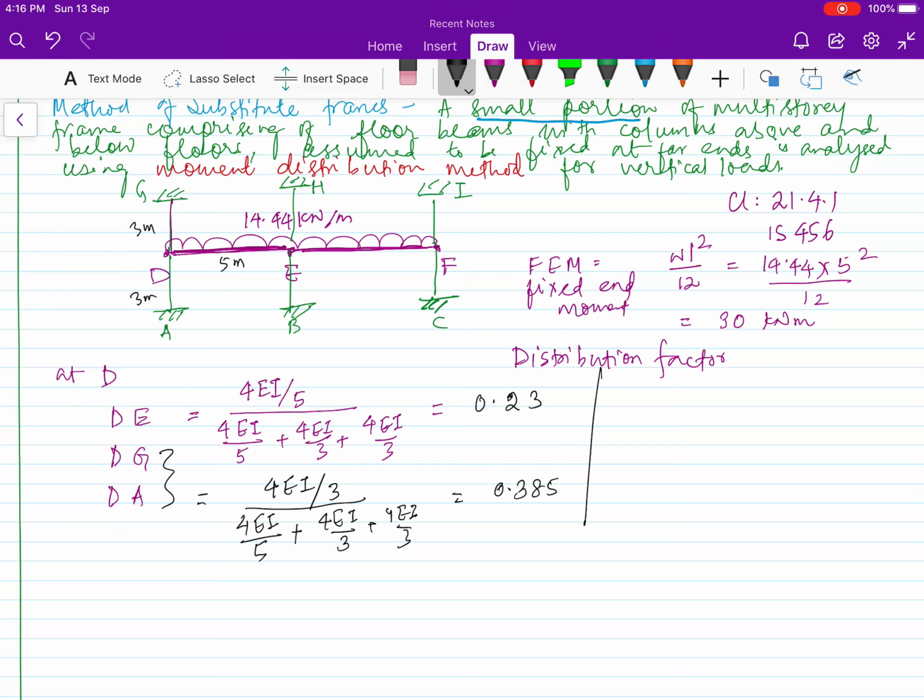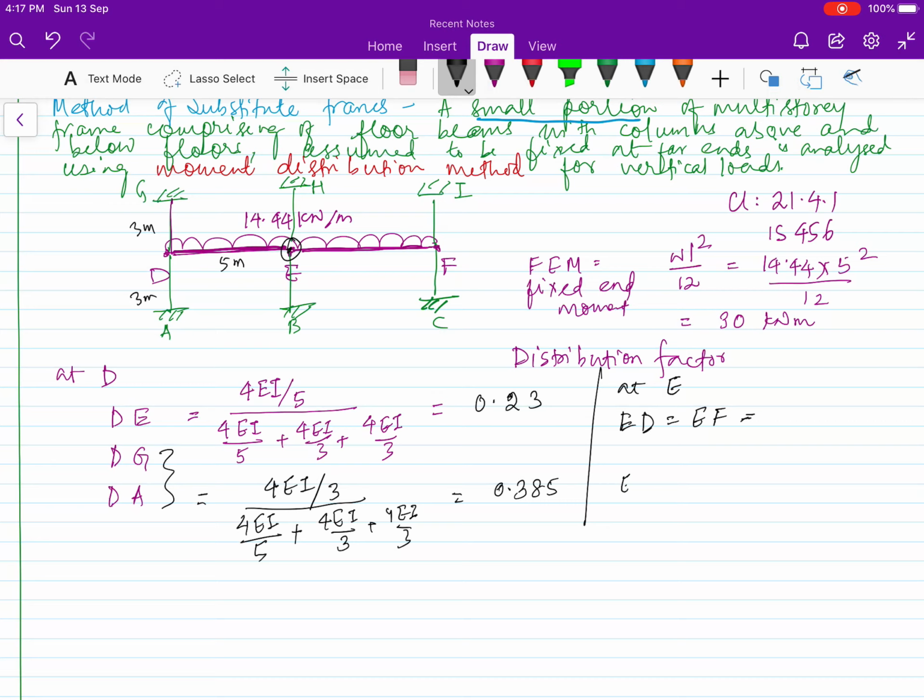So here next we have point E. For E, we have four elements joining at point E. So we have ED and EF. Here stiffness will be same because they are of same length.